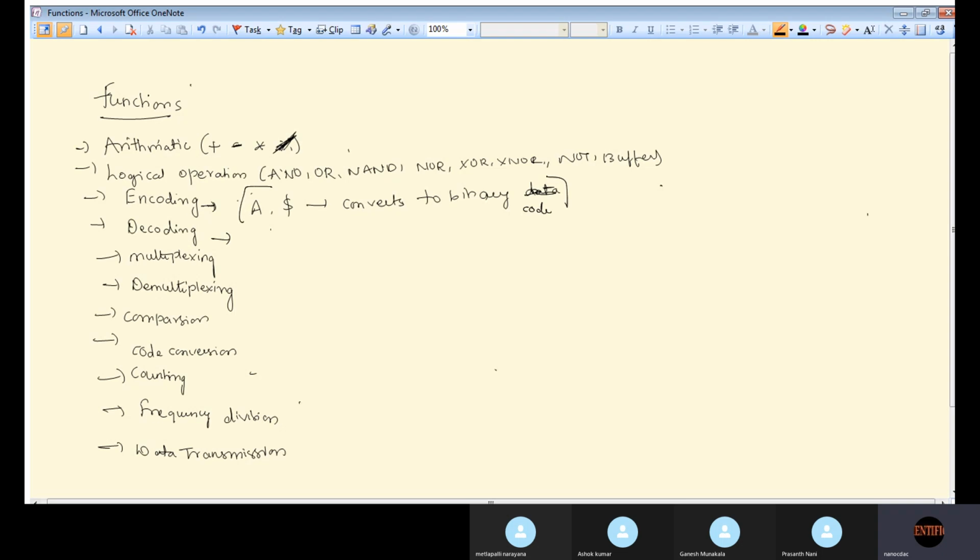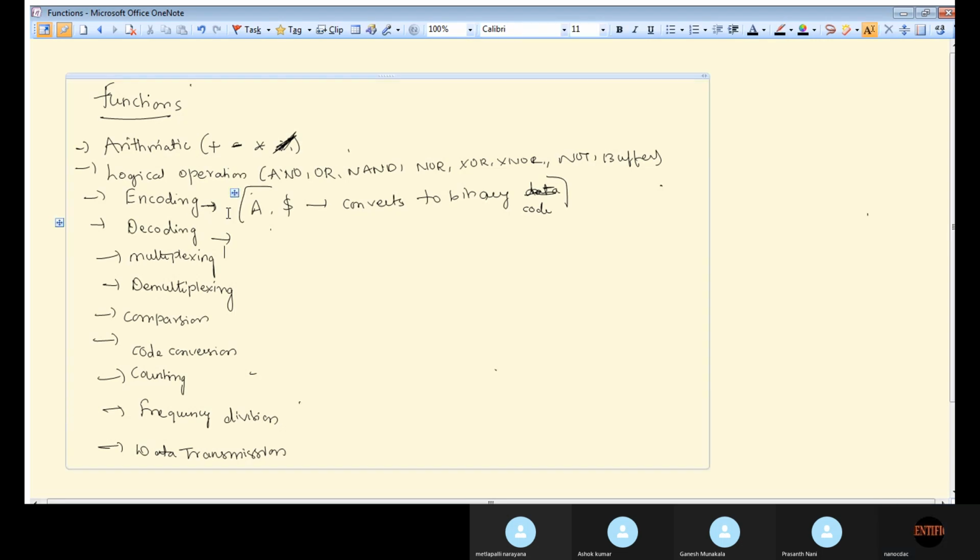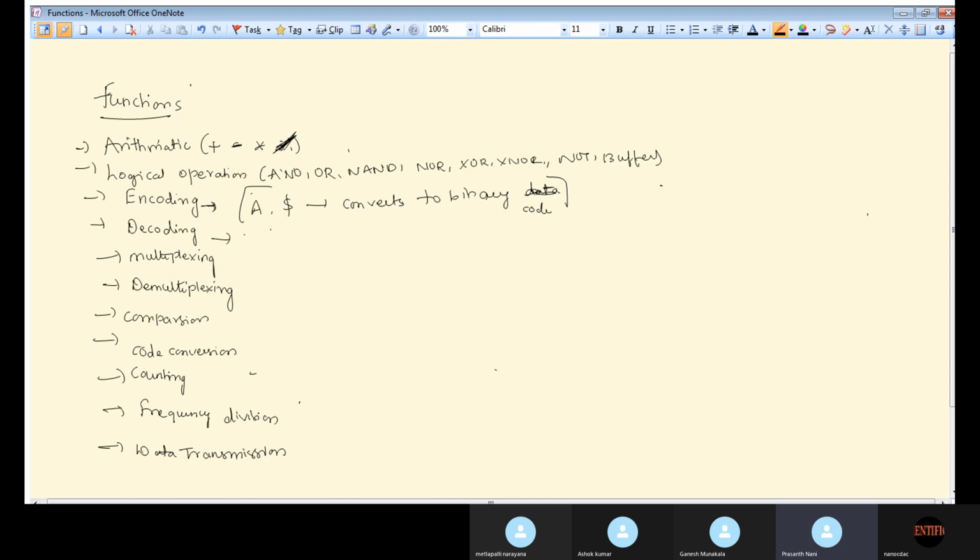So what does it take and what does it give? It takes binary coded information and converts it into a unique output.